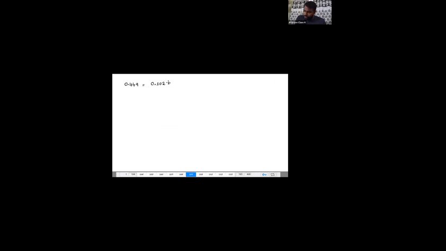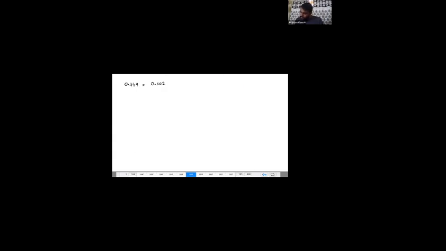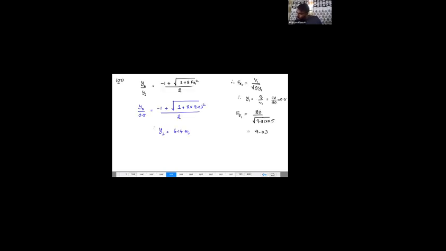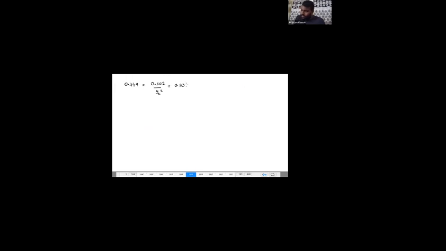And RHS is equal to 1 by 9.81, which is 0.102, into Y2 square plus 1 by 3, which means 0.33, into Y2 cube.